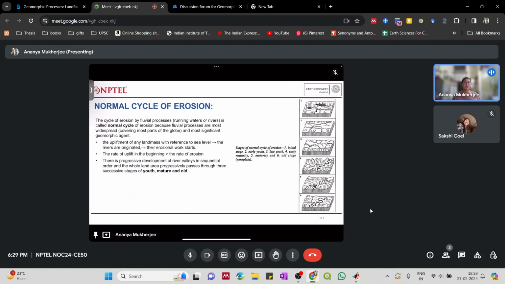So that is why the normal cycle of erosion is usually associated with the fluvial erosion that we see. And because it is one of the most important and widespread geomorphic agents, understanding the cycle of erosion that takes place due to fluvial agents, that is river, is necessary.